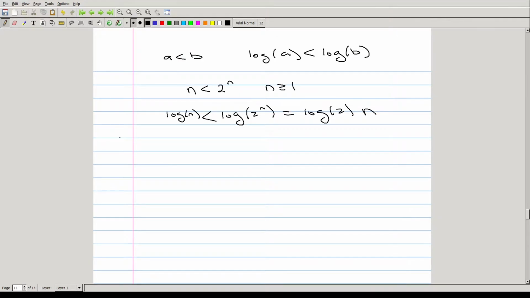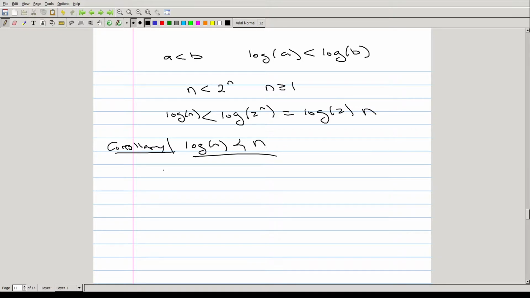And what we can clearly see is that the function log of n is going to be strictly dominated by n as n gets larger and larger and larger.